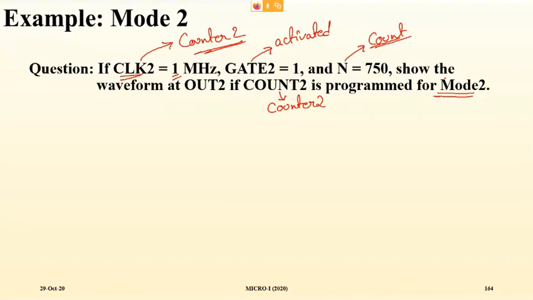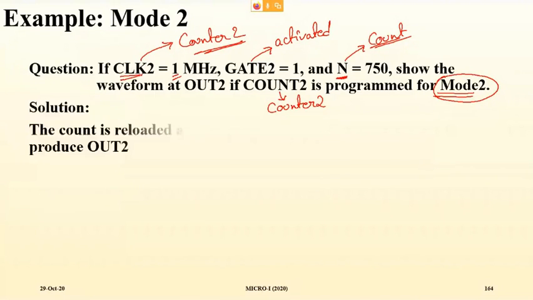Okay, so we have almost all the details: the clock frequency is 1 megahertz, the gate is activated, so we don't have to worry about the gate. The count provided is 750. How much time output 2 will remain high will be decided by this N and clock 2.